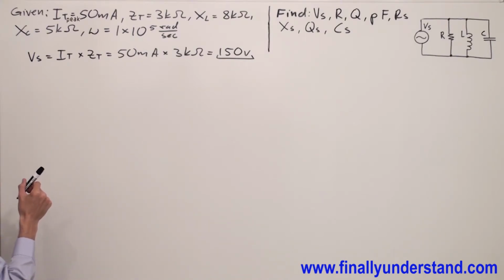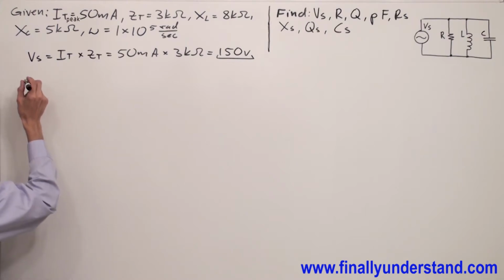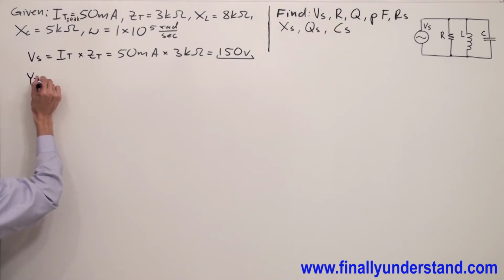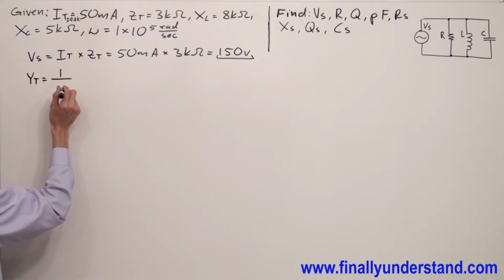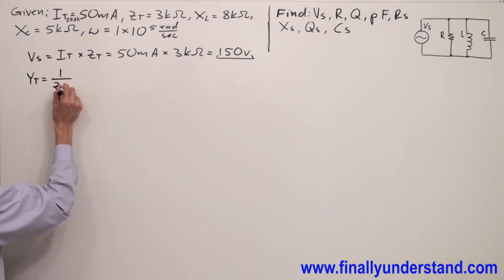So in order to find R, I'm going to look first for the conductance. In order to find the conductance, I'm going to find first the total admittance, which is equal to 1 over Z total.